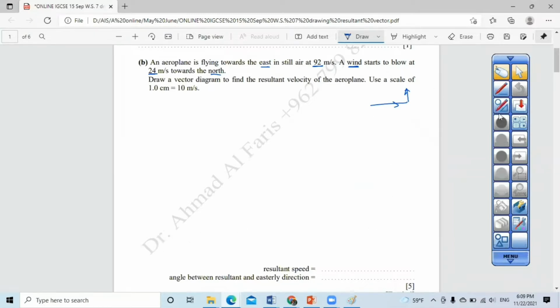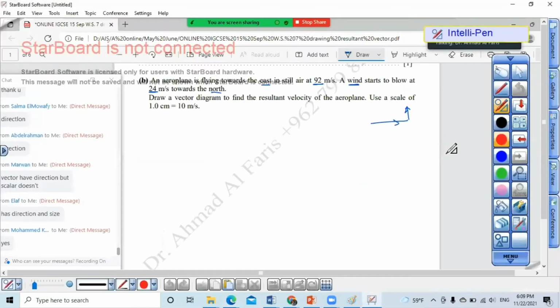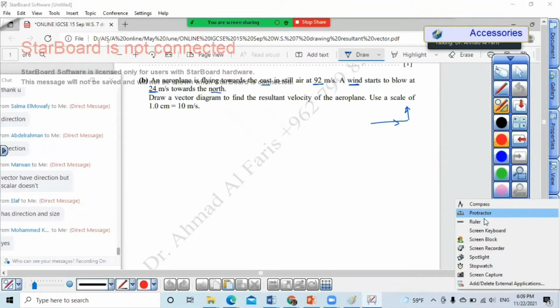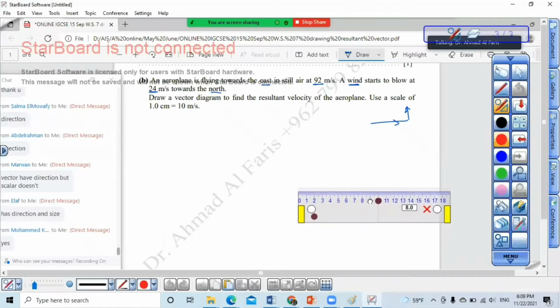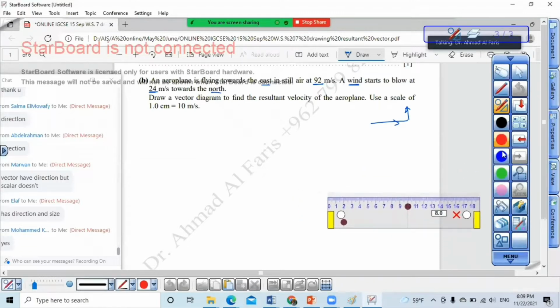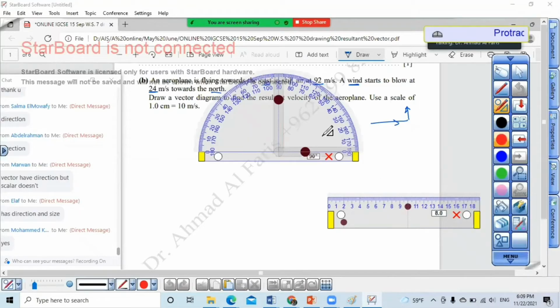But before I start, I have to put my own scale. In this device, I have a small ruler like this one. It has a small scale, not a real one like the one that you have. And I can use a protractor or a compass.